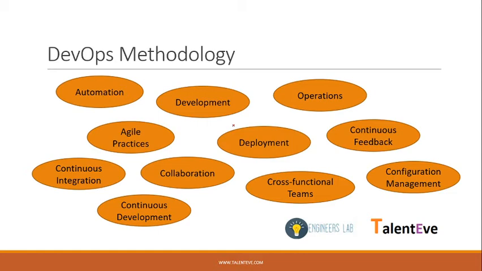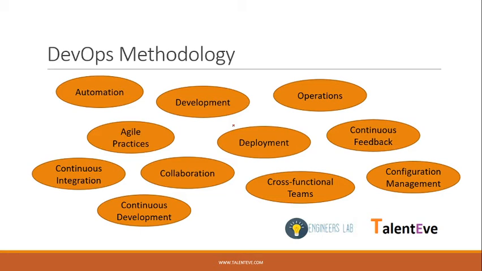Now, combining all these things, what are the different topics in the DevOps methodology? As we clearly said, DevOps is going to bring the development and the operations together. As a part of this, we said there should be some deployment, and then there will be a continuous feedback.